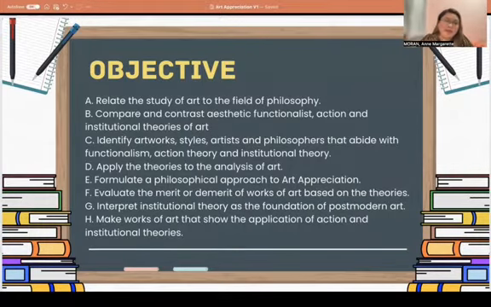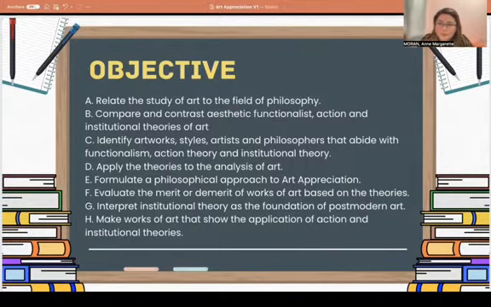First, we have to relate the study of art to the field of philosophy, so that whenever we are seeing specific things or an object, we would know how it is related to the world of art. Letter B is for us to compare and contrast aesthetic functionalist, action, and institutional theories of art.